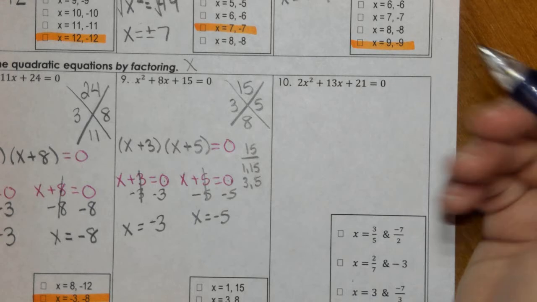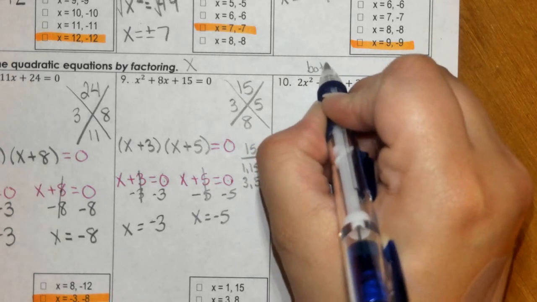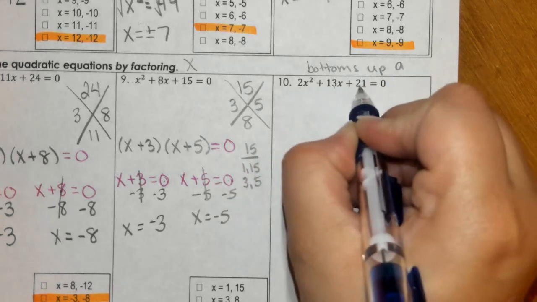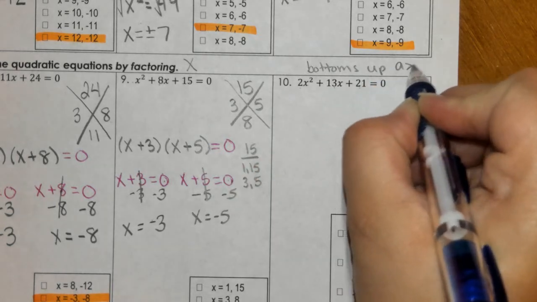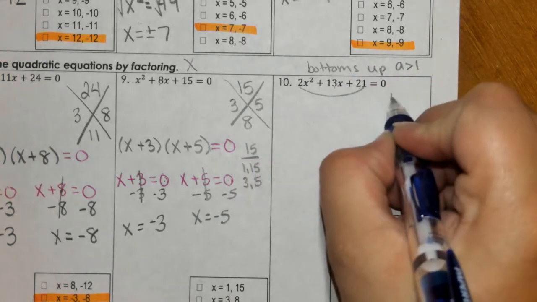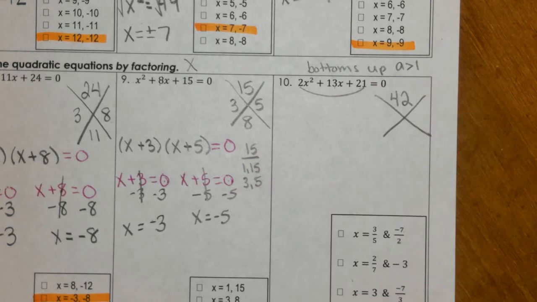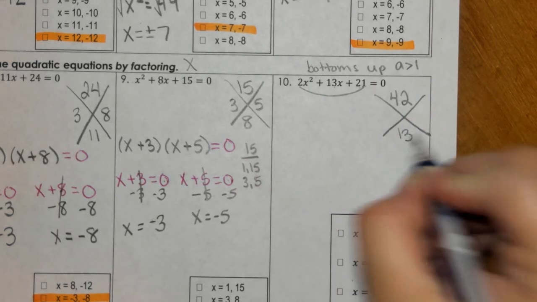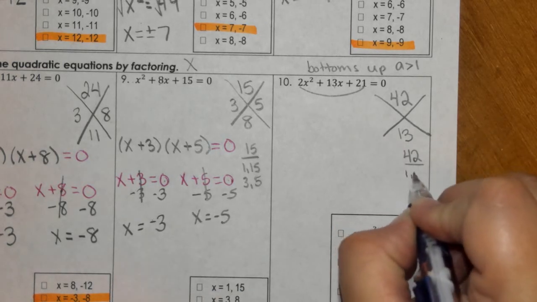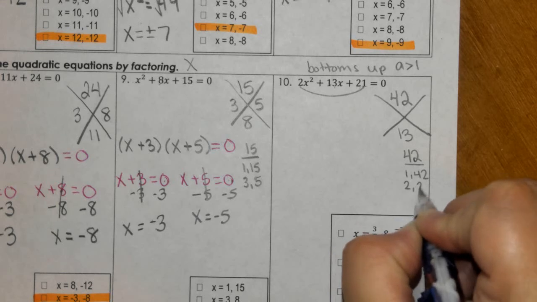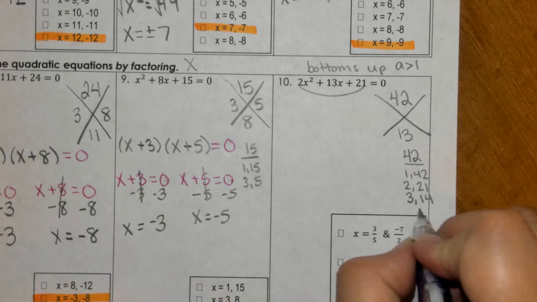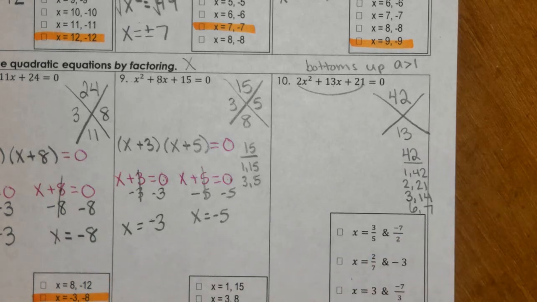Okay, number 10. This is bottoms up. Okay, because A, B, C, A is greater than 1. Okay, so 2 times 21 is 42. To get to 13, 42, the factors are 1 and 42, 2 and 21, 3 and 14, 6 and 7.